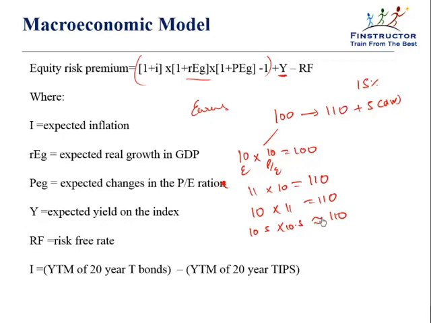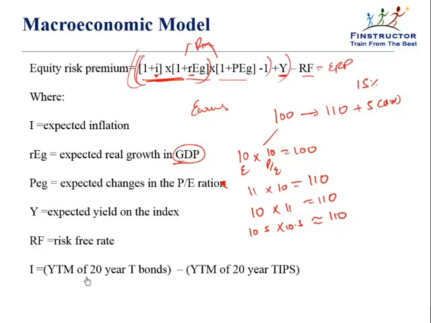So if capital appreciation is happening, it's either because earnings are growing or because the valuation multiple is increasing or the valuation is changing. So the earnings growth for the country as a whole or for the index as a whole will be linked to the GDP growth. So the earnings growth can be estimated as the GDP growth plus the expected inflation. So I plus REG would be the earnings growth estimation.